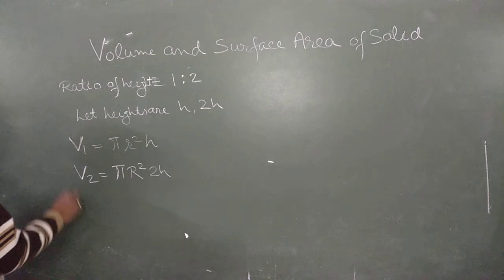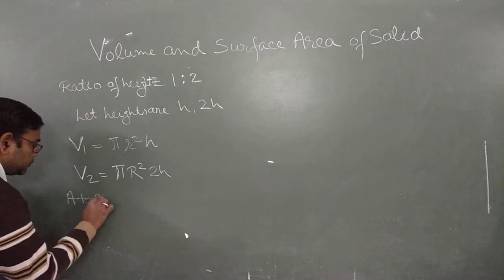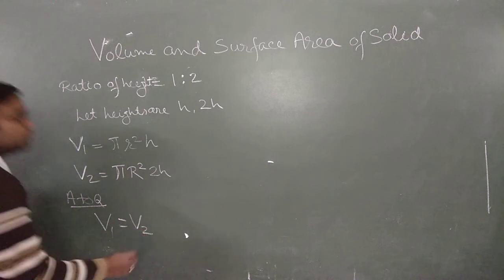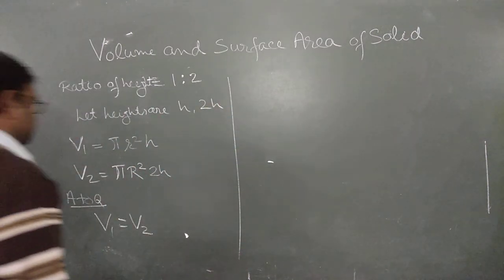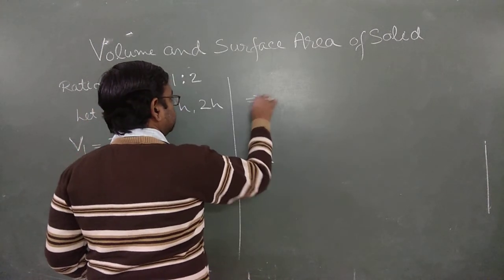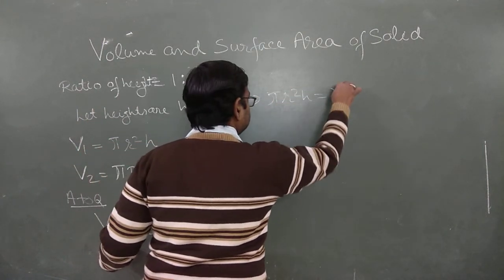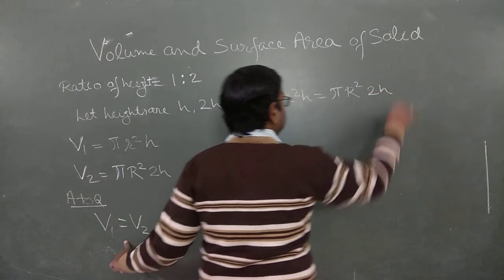So as we know these two are equal, according to the question, V1 equals V2, which gives us pi r square h equals pi capital R square 2h.